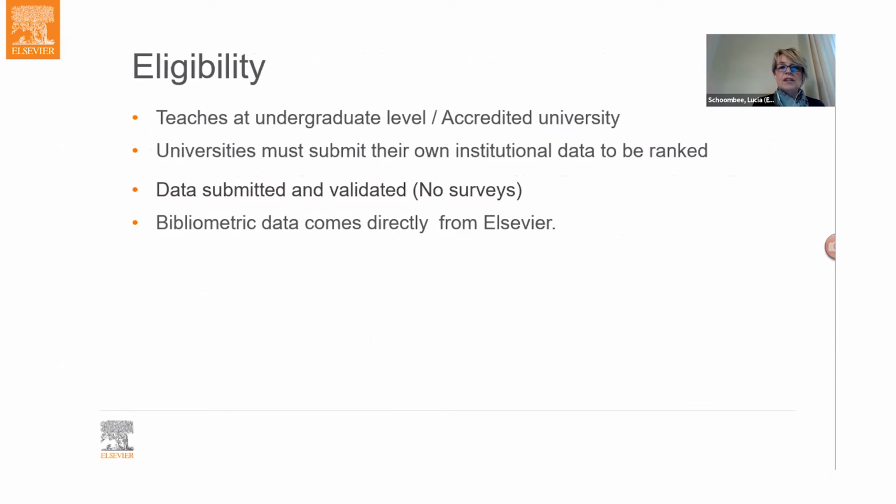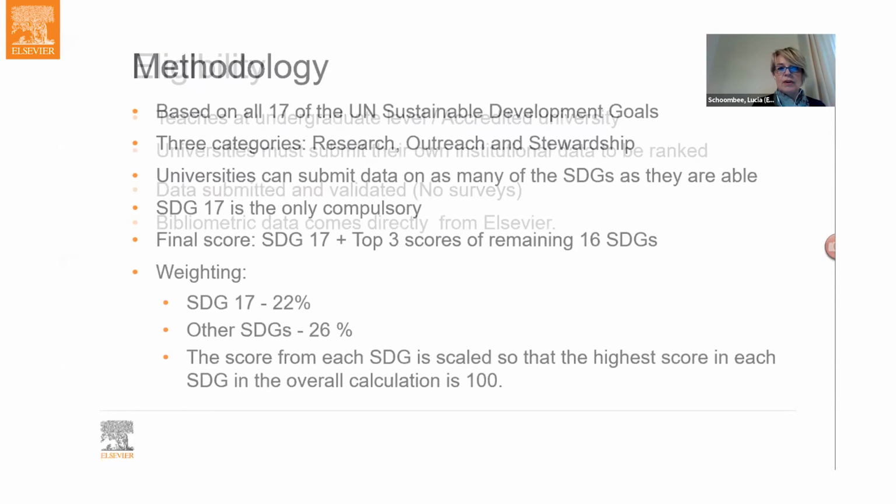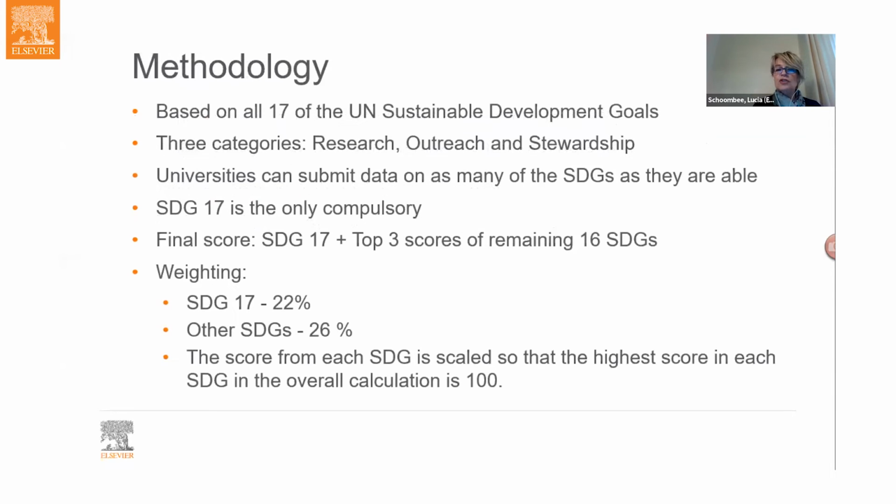All universities need to submit institutional data in order to be ranked, and the data submitted has to have some justifications. It's also good to know that no surveys are used within this ranking, and all of the bibliometric data is coming from Elsevier.